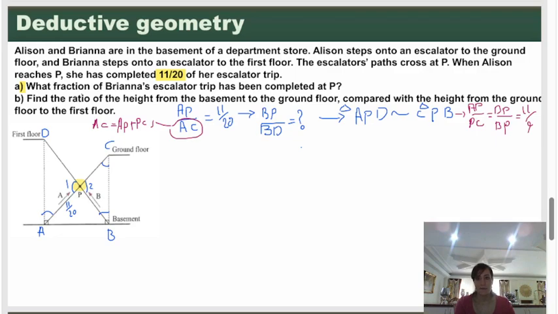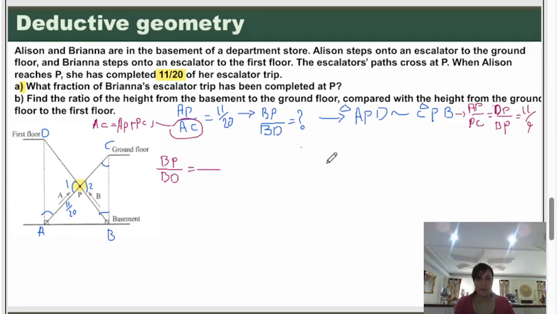Now I am going to find the ratio BP over BD. We found DP over BP.